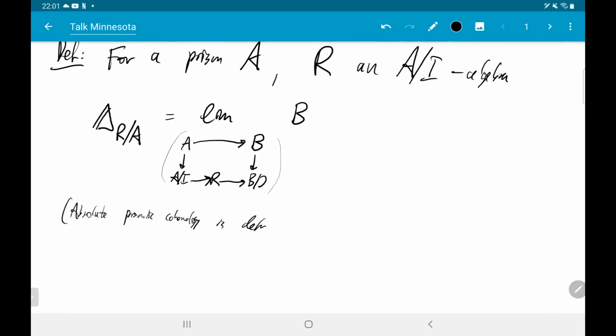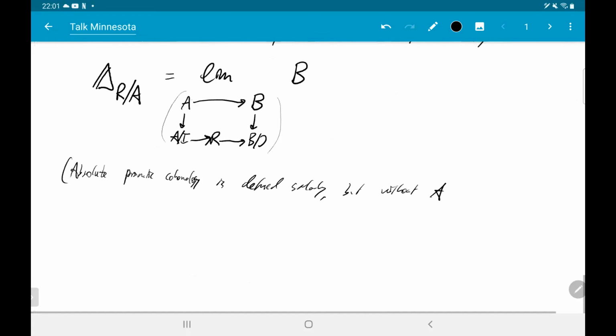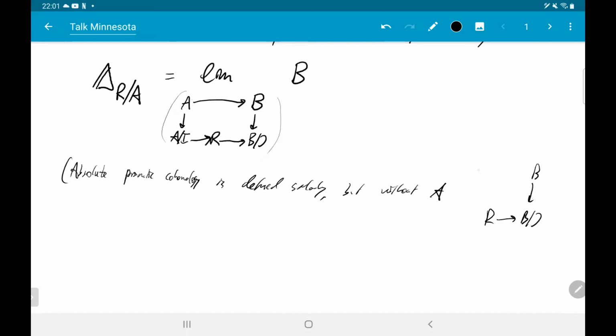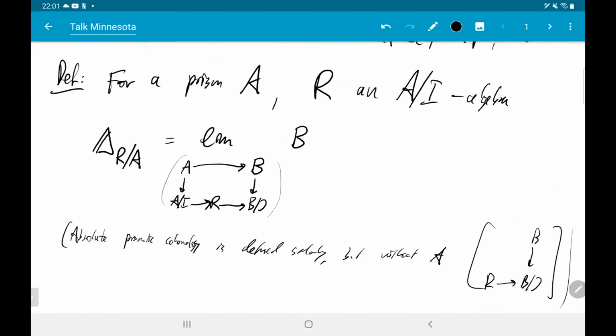This is defined similarly, but without the A. So there you really just take the site consisting of all prisms B together with a map from R to B mod J. And what I'm also skimming over a little bit here is that the theory you get this way, if you write it down as a limit, is not perfectly well behaved, and you need to combine this with some non-abelian derived construction in full generality. But we won't need that today.